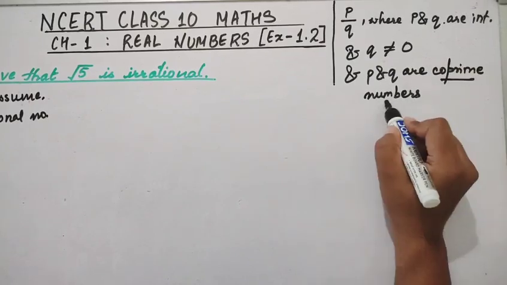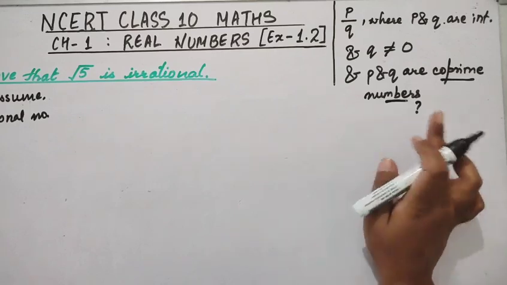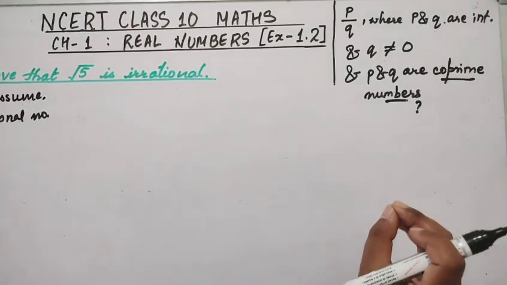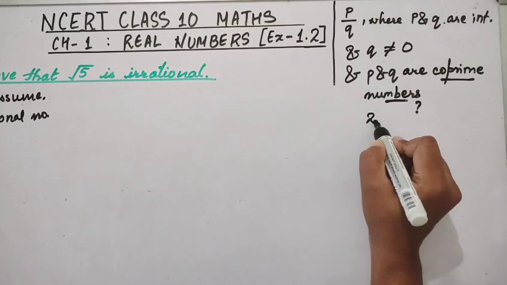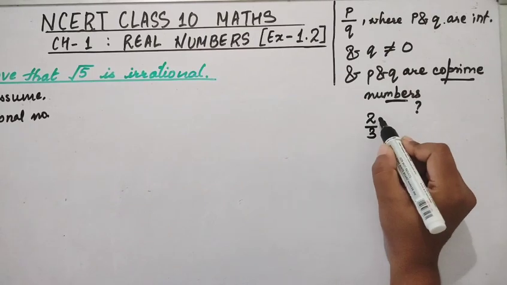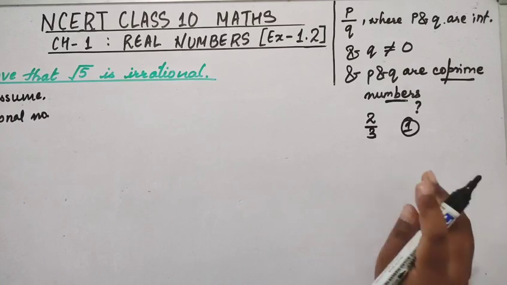Now what does co-prime mean? Co-prime means that any two numbers have only 1 as a common factor. For example, 2 by 3: 2 and 3 have only 1 as a common factor.